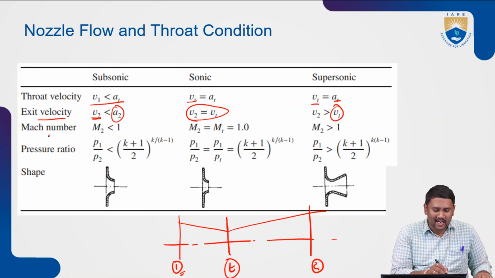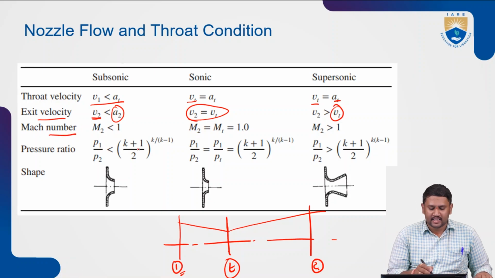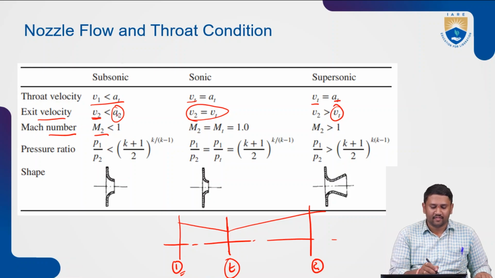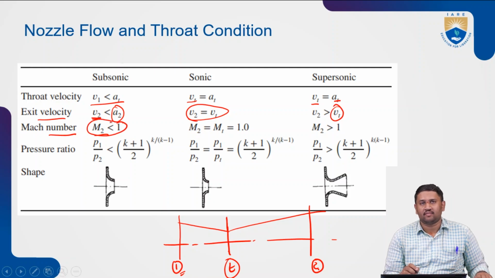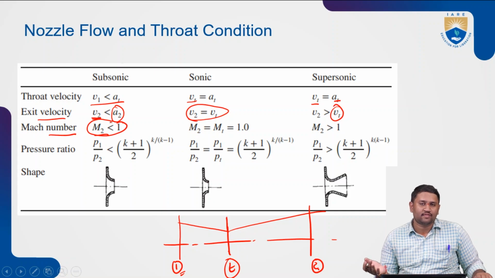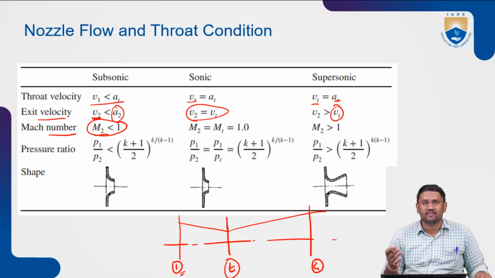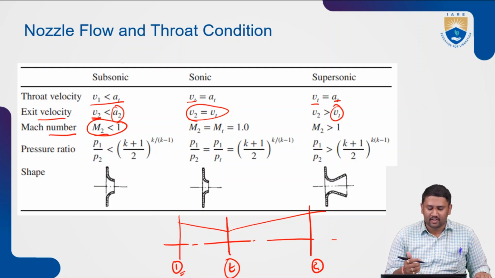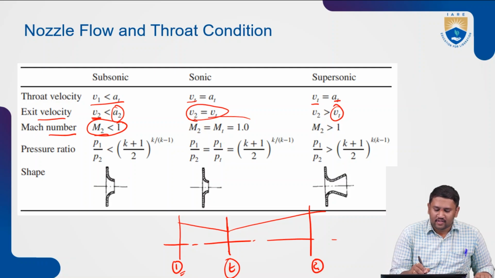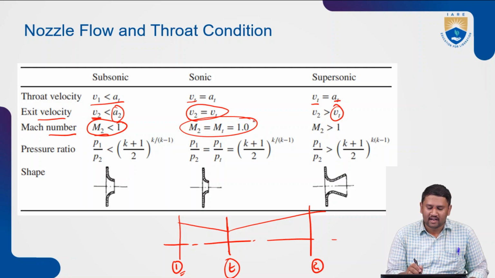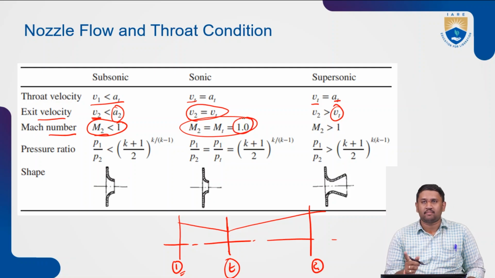Now, coming to your Mach number, the exit Mach, particularly at the end of the nozzle, will always be less than 1 for subsonic, because the flow does not reach the throat's maximum amount, so it is well below Mach 1. Whereas for sonic, because you are cutting the nozzle exactly at the throat, there will be a maximum amount of flow, so the exit Mach will be limited to 1.